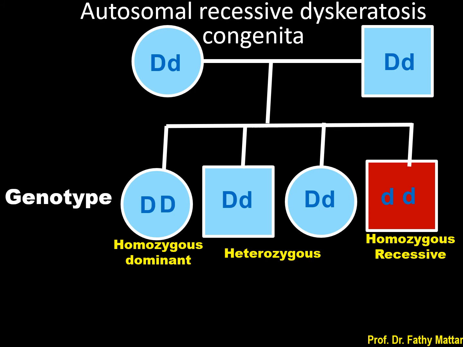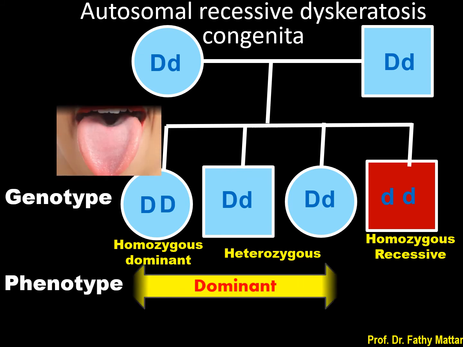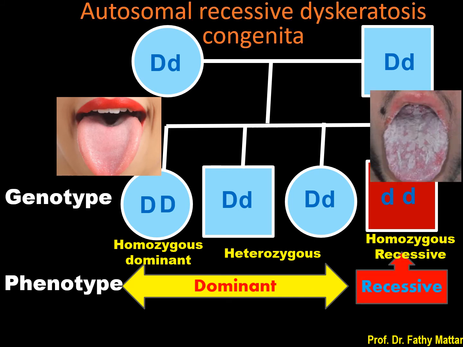Now, the dominant will not show the recessive trait. Only the one who has the homozygous recessive genes will show the trait. And so the phenotype, this will be dominant and normal, while this will be recessive and showing the trait, and the ratio is also 3 to 1.